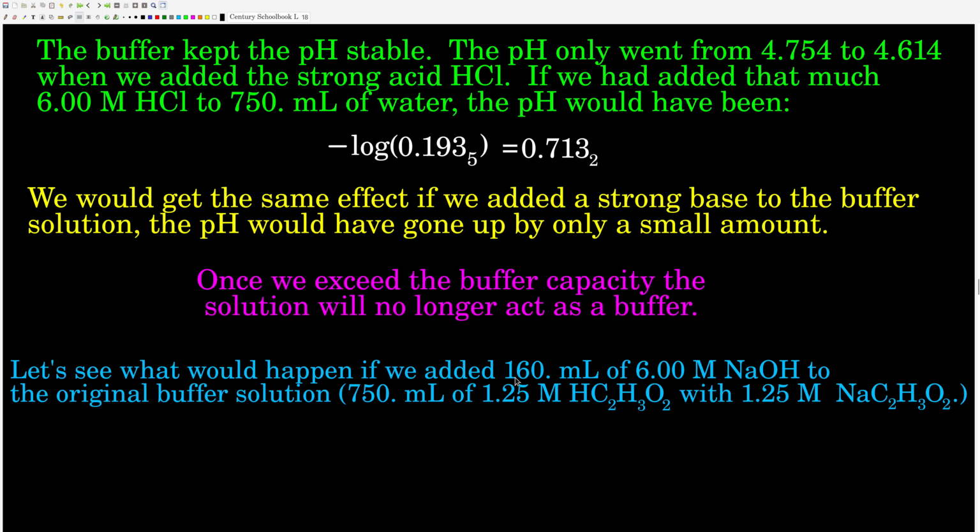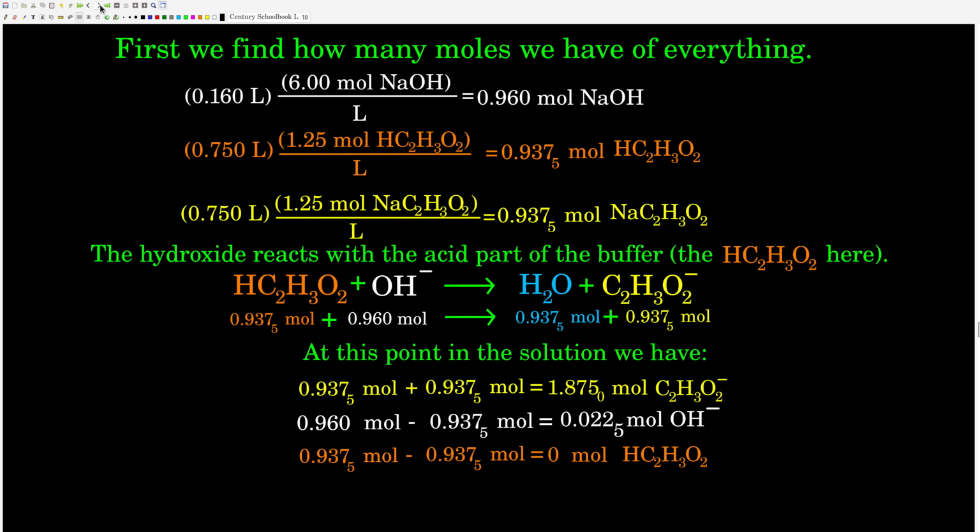So let's say we added 160 mL instead of 25 mL of 6 molar sodium hydroxide to our original buffer solution, 750 mL of 1.25 molar acetic acid and 1.25 molar sodium acetate. So let me go look at that. We're going to find out how many moles of everything we have.